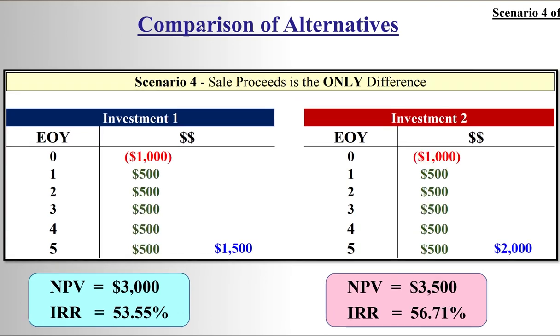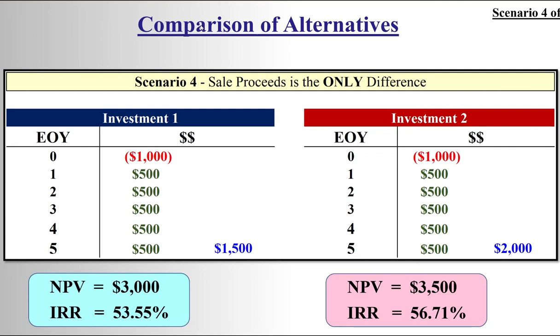Scenario 4. The sales proceed is the only difference. So you get $500 more for investment 2 than you would for investment 1. Otherwise, the initial payment for both is $1,000 and the annual payments are about $500 for each. Which would be the best one?